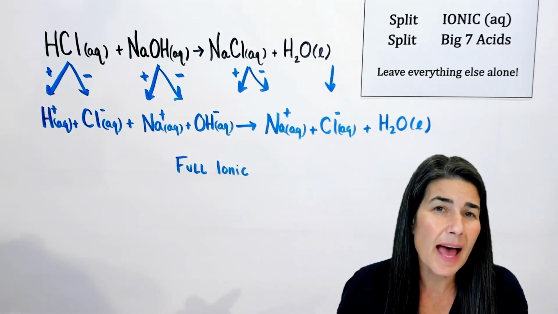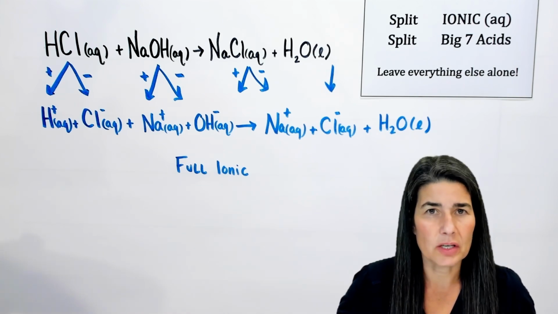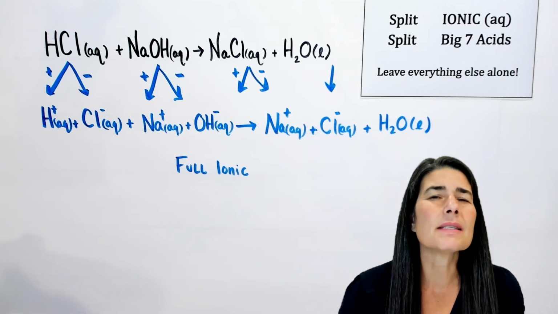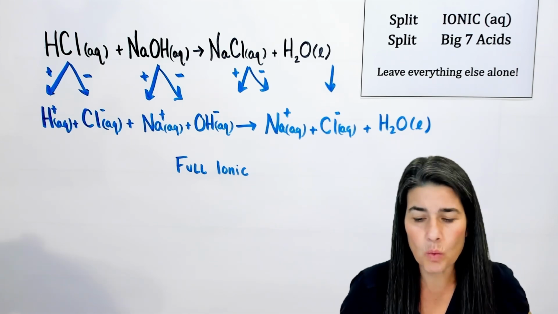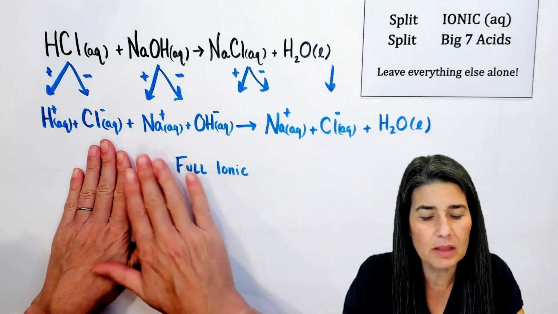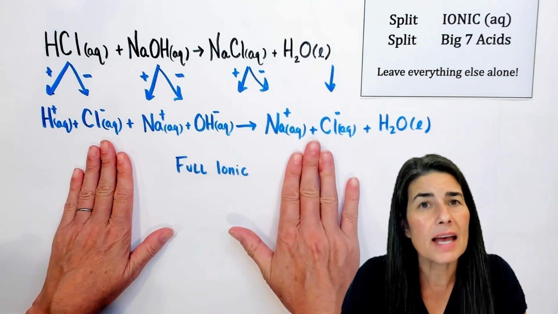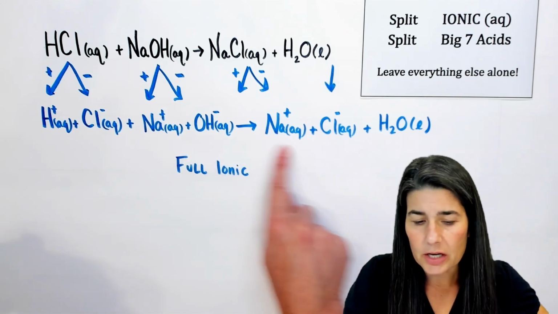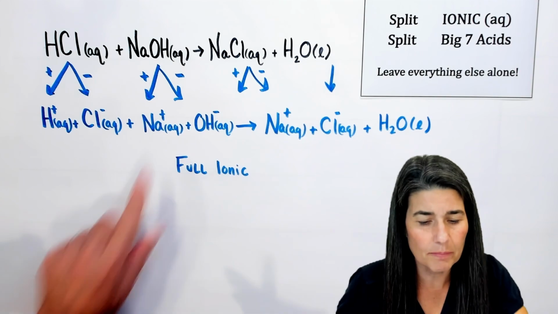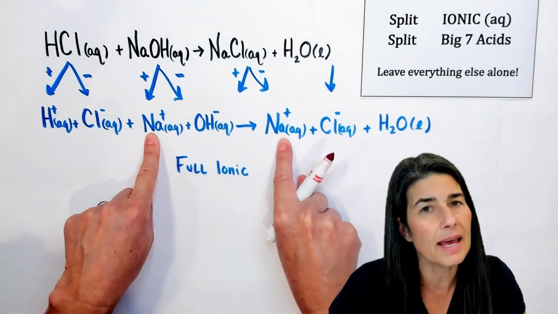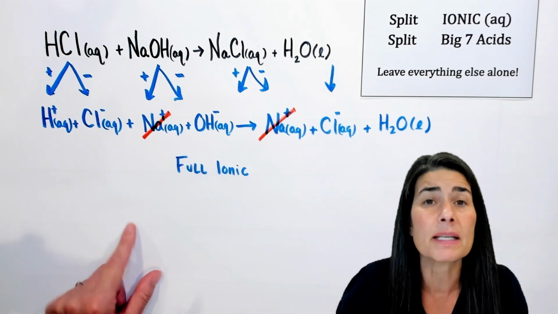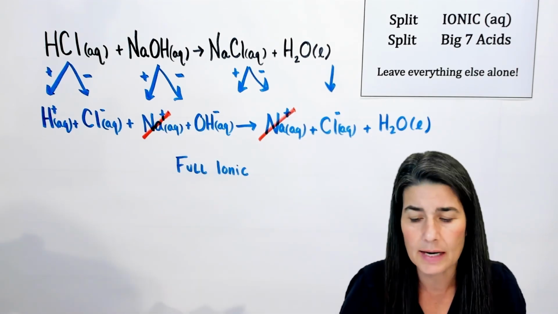In order to get our net ionic equation, we need to find the spectator ions, the ones that really did not react, the ones that are the same on the left-hand side of the equation as they are on the right-hand side of the equation. When we look, I notice that sodium, Na+, is on the left and Na+ is on the right. That makes Na+ a spectator ion, and we can cancel that out.